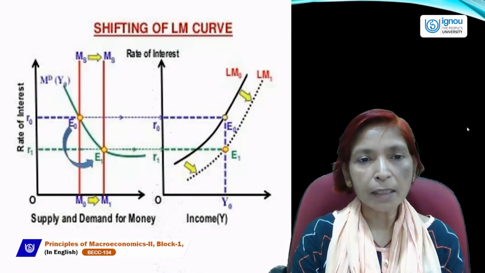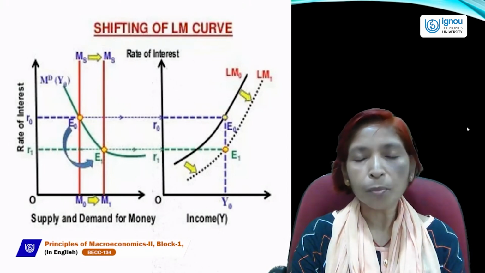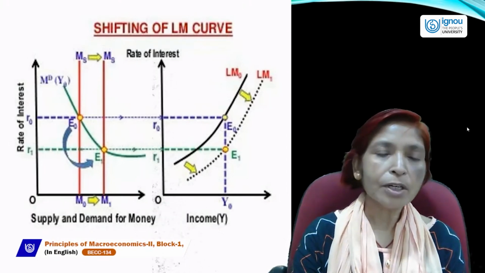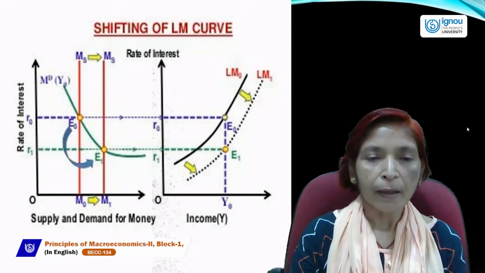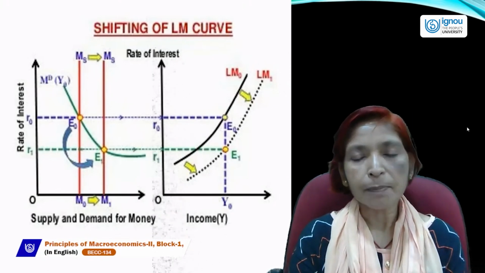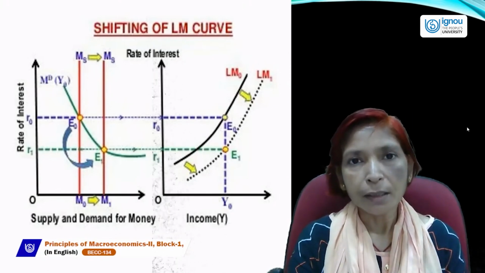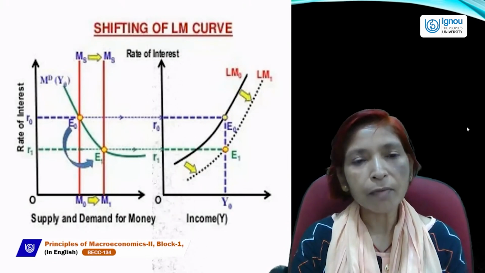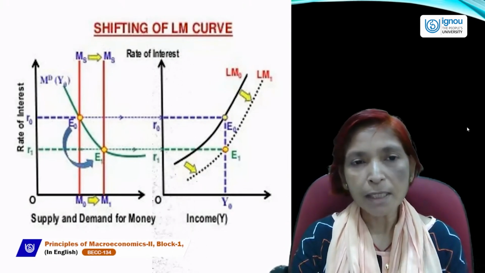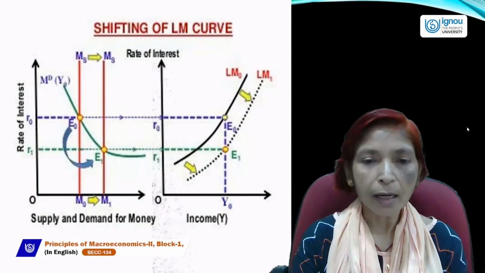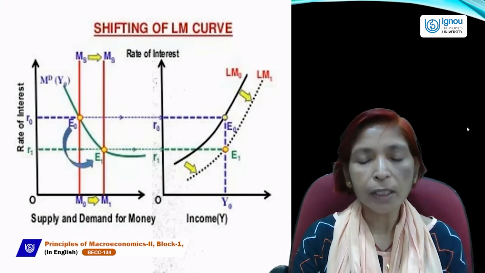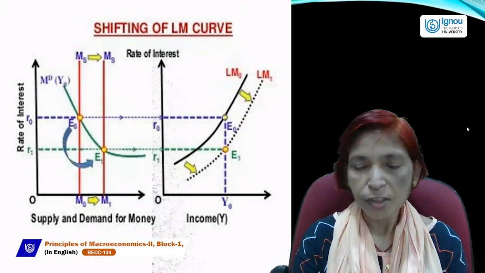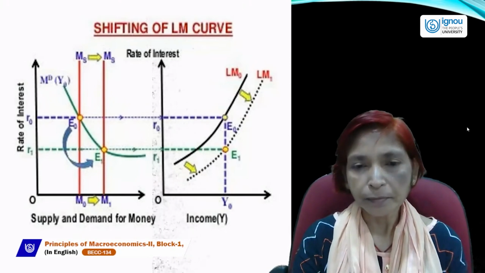So RBI can easily solve these two problems, inflation or deflation. If RBI follows expansionary monetary policy, in this case money supply will rise, and if money supply rises, then the LM curve will shift to the right-hand side, just the same as the supply curve.